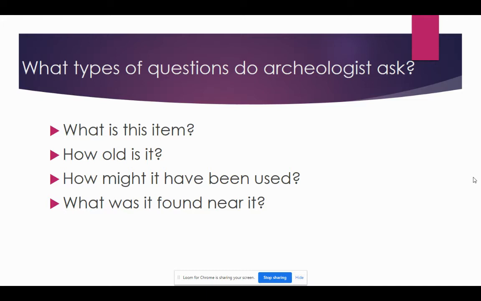They might ask how old it is, and we'll talk about how they figured that out in just a little bit. How might it have been used? And what was it found near? This can be particularly important as we look at early humans. For example, we found hippo remains near Salam's remains, which told us that Salam in fact lived in an area with a lot of water, since that's where hippos live.